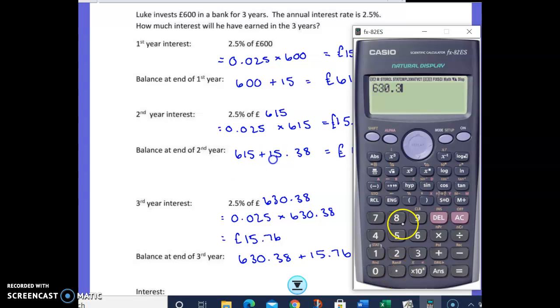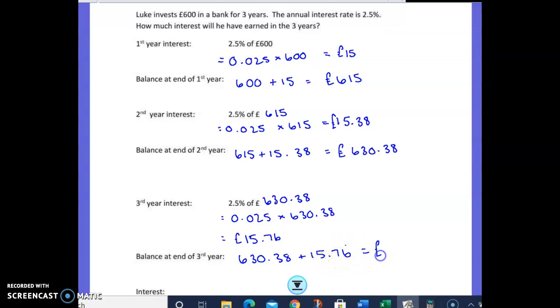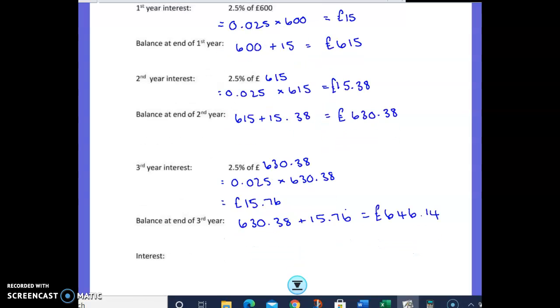So add them together. And we get £646 and 14 pence. The amount of interest over the 3 years then, we started with £600, we've now got £646, 14 pence.